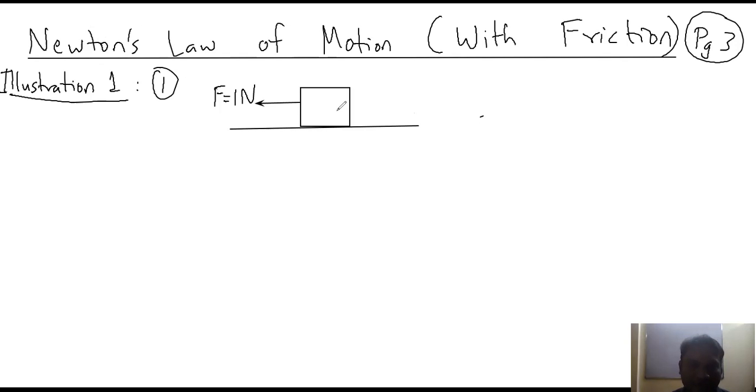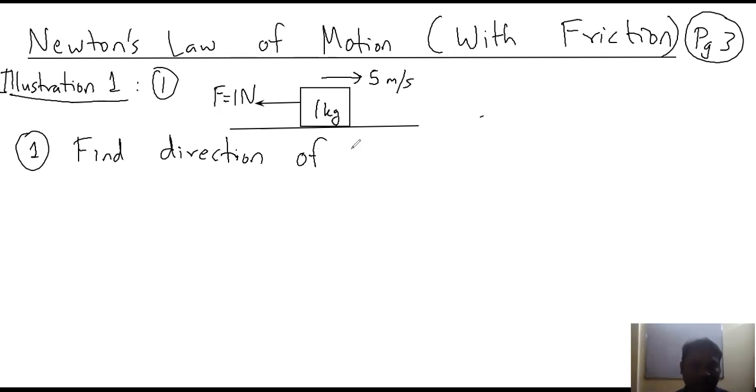Mass of block is 1 kg and its velocity is given to be 5 meters per second. So the first question says, find direction of kinetic friction on block by ground.